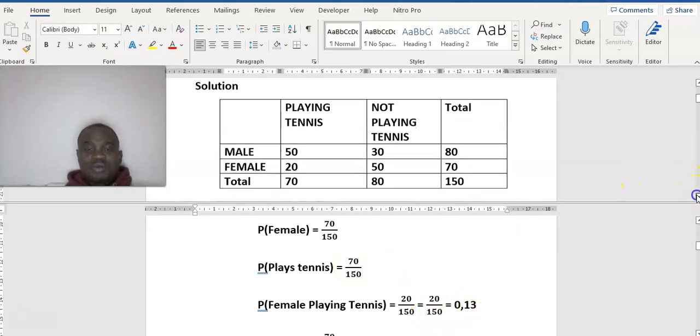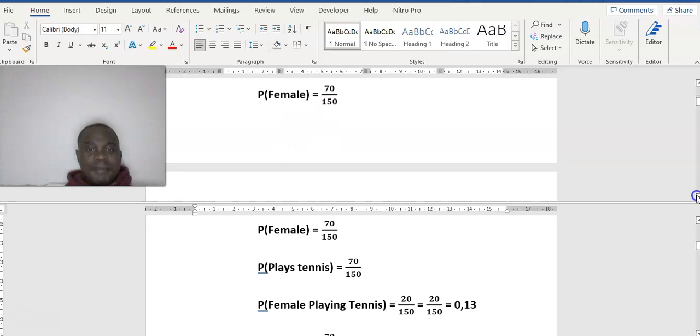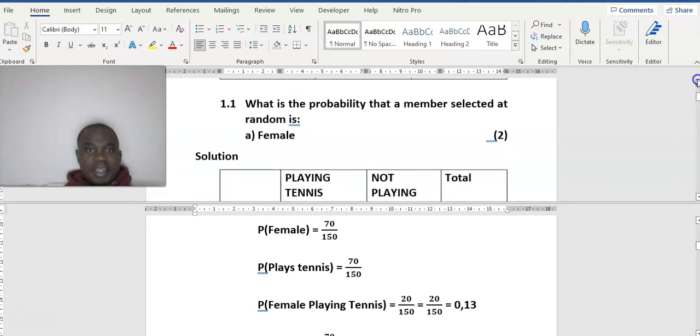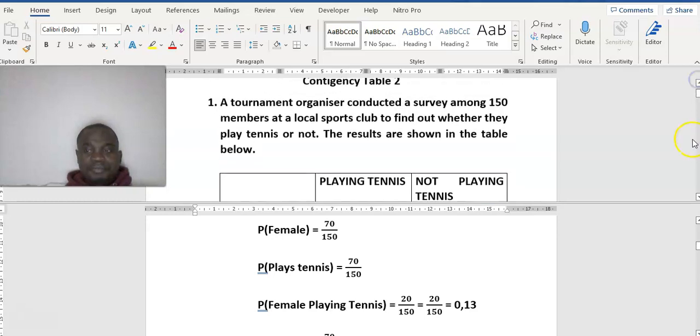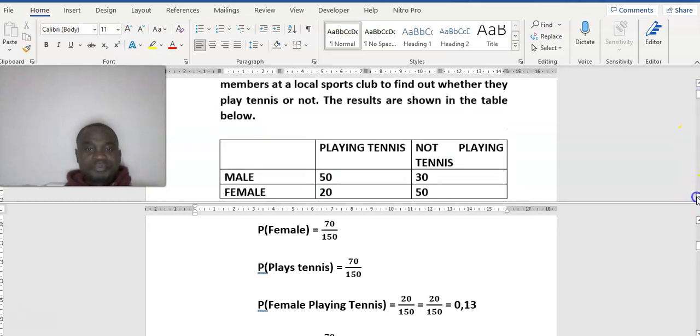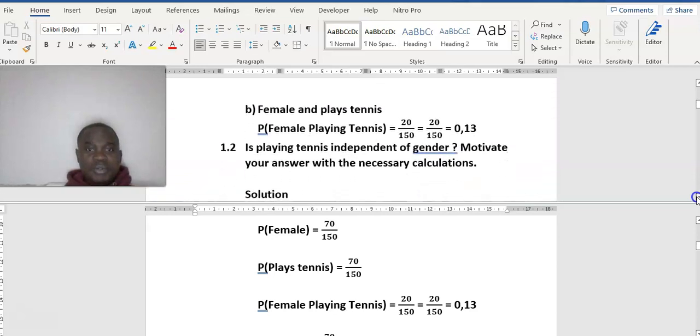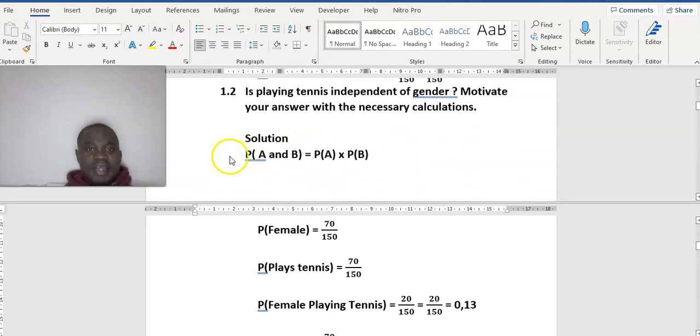Let me show you. Remember I gave this scenario at the top here, this scenario of independence.